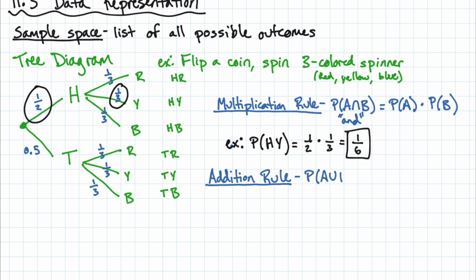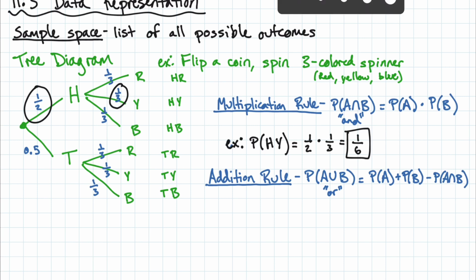So if you want the probability of event A or event B happening, we can add the two probabilities together, but we're going to have to subtract that intersection, because basically what happens there, and this will be more clear in the two-way tables that are going to come up on the next slide, is if we don't subtract that layer of intersection, that means we're double counting those options.